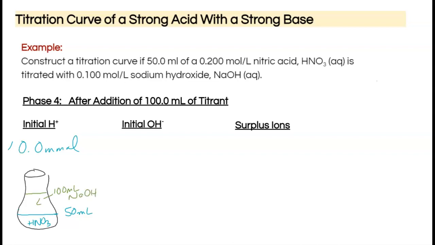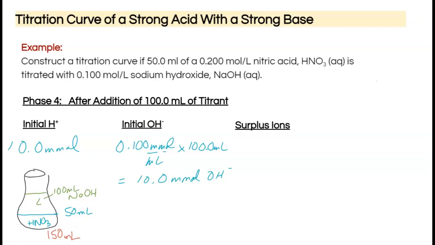And so that's going to give me a grand total volume of 150 milliliters of solution. That's going to affect the concentration, right? So let's take a look at my initial hydroxide ion concentration. I'm starting out with 0.100 millimoles per milliliter, and I've added 100 milliliters, and that's going to give me 10.0 millimoles of hydroxide.